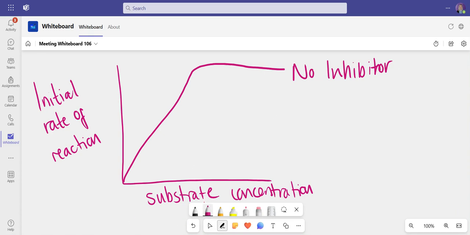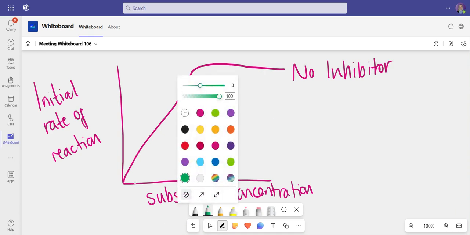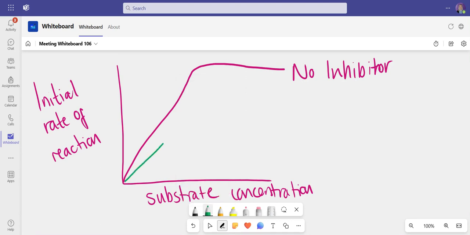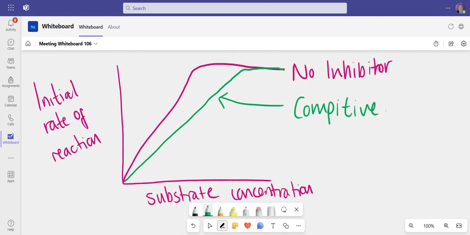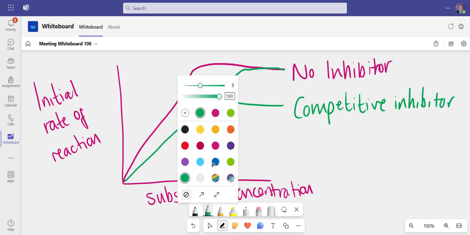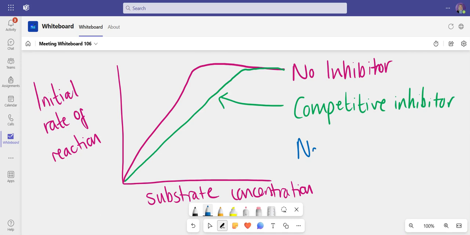We looked at what happens if we add a competitive inhibitor, and we saw that the line increases at a slower rate, but then it joins at the same plateau. So that was a competitive inhibitor. Oops, can't spell. So what then happens if we have a non-competitive inhibitor?